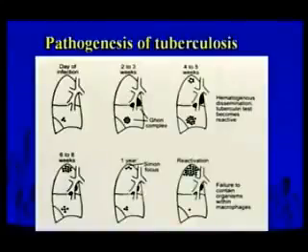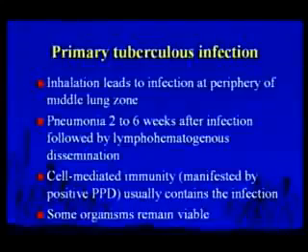A lot of the concepts are being revised, and this gets to the problem that you've heard that half of what we're teaching in medical school is wrong. The problem is we don't know which half. You set up this lifelong host-parasite relationship, and eventually you fail to contain the organisms so they come out and reactivate. And so the usual classic TB is an upper lobe disease, cavitary disease.